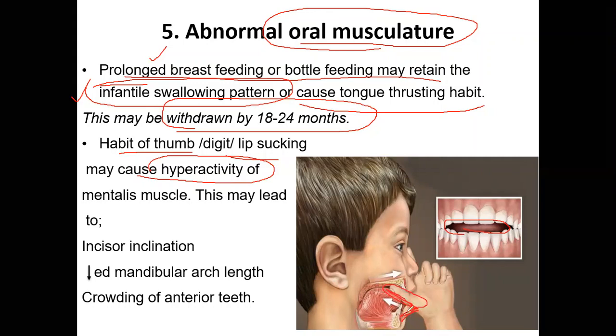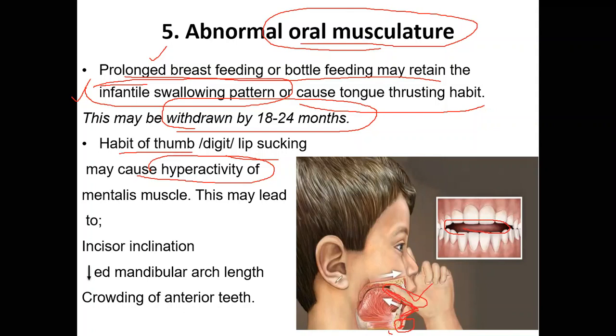This resting of a lip is producing some abnormal pressure over here at this particular region where the mentalis muscle is. This abnormal musculature, due to this thumb sucking habit, will not allow a proper growth of the mandible, will not allow the mandible to grow properly.